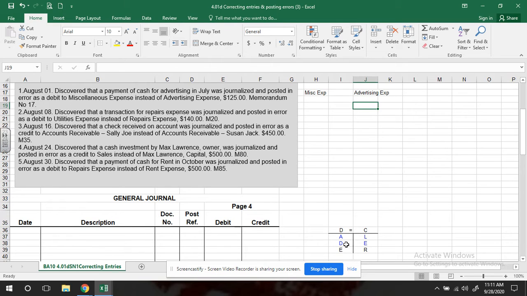Now, down here at my DC Adler, you see that expenses increase on the debit side. So my first account for this is advertising expense. I'm going to use August 1st because that's when we found it.